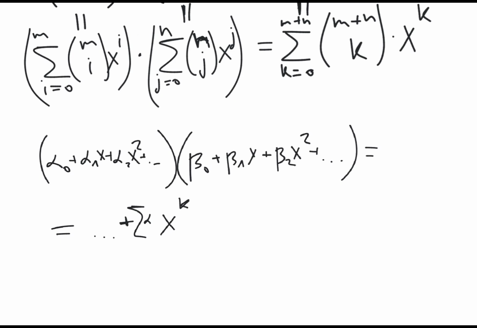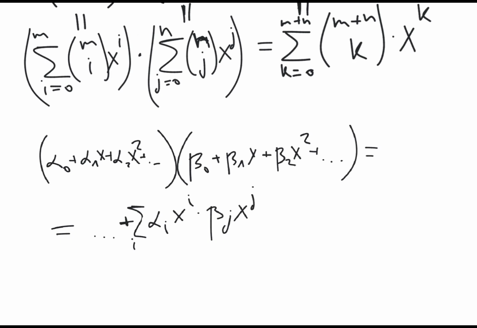Okay, let's write this more carefully. So it would be the sum of alpha i x to the power i multiplied by beta j x to the power j, right?